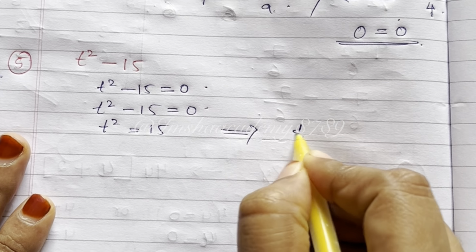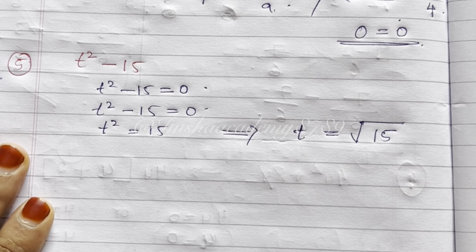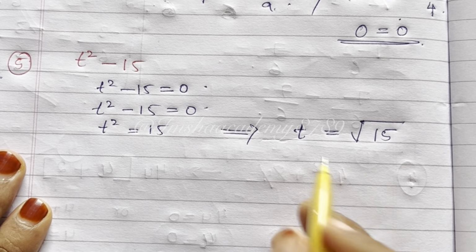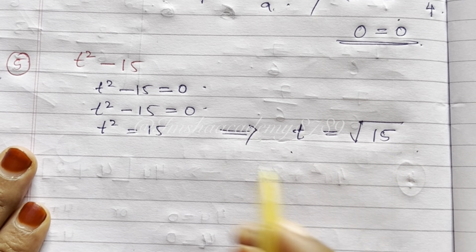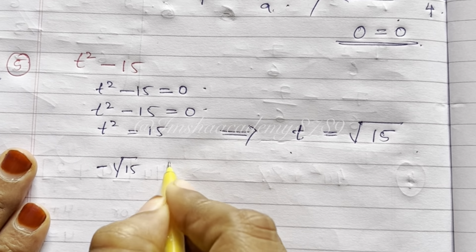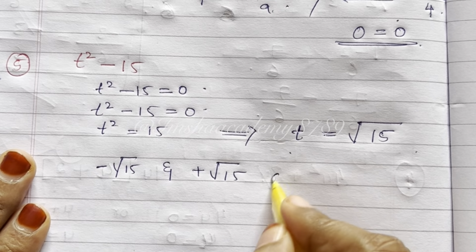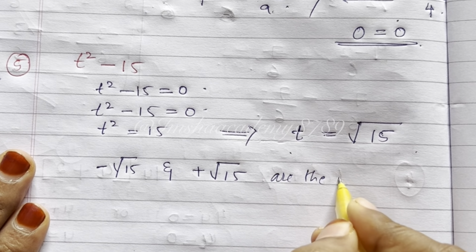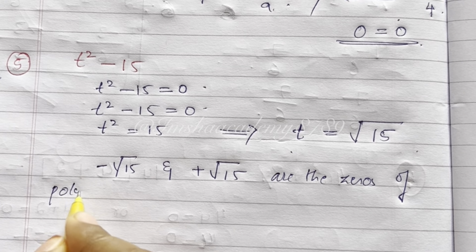So t will be equal to square root of 15. When it is a square root, we can write it as minus root 15 and plus root 15, which are the zeros of the polynomial.